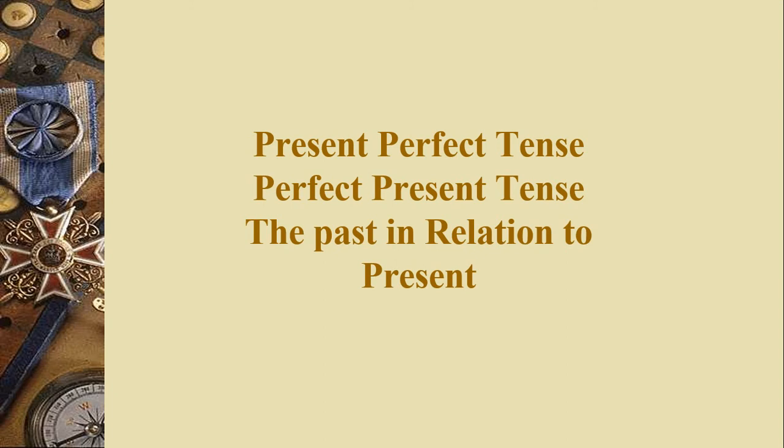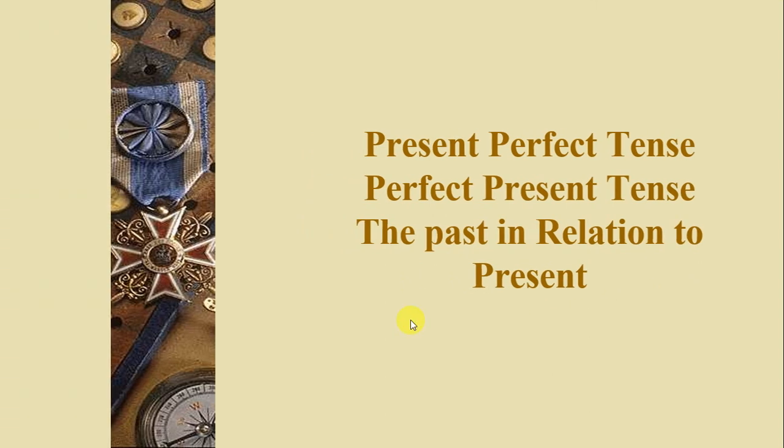Remember, students, perfect tenses show the completion of an action. Continuous tenses show the continuation of an action. And the other tenses, like simple tenses, show the time of an action. That's why time is specific in all these.